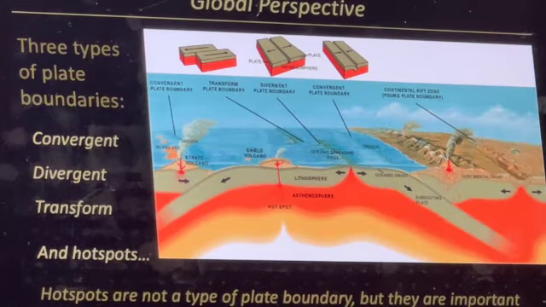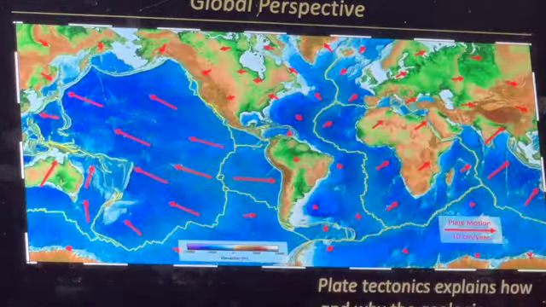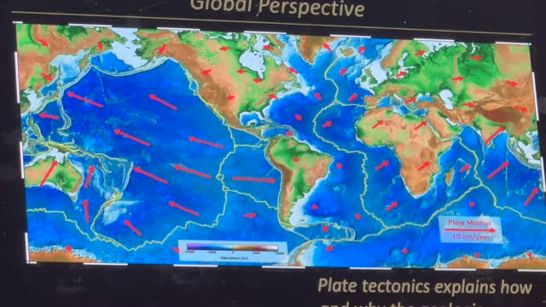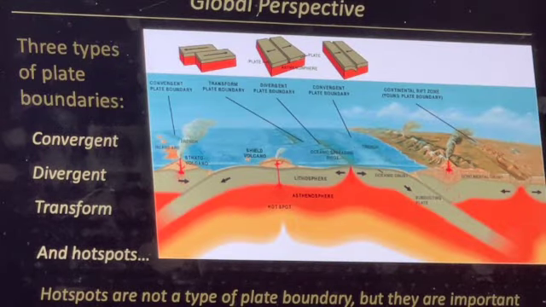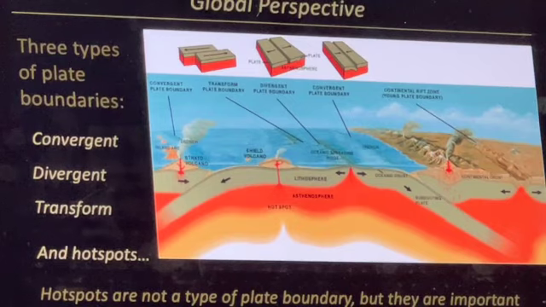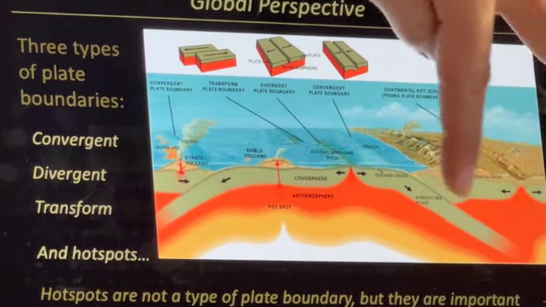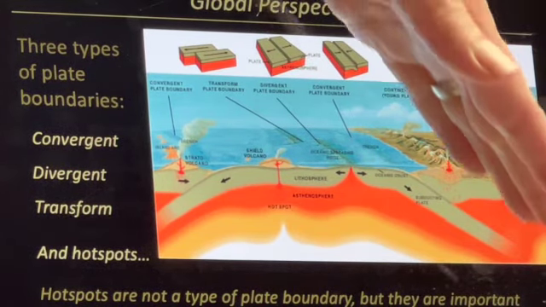But first, here's just another image. In the one we've been looking at, a map view, the global view of plate tectonics, it's as if you're looking down on the planet. This is a cross-section, as if you were to cut through the Earth and see what happens when these plates interact. It was actually drawn for our part of the world, the entire Pacific region. It has a continental crust here and a plate subducting underneath it.